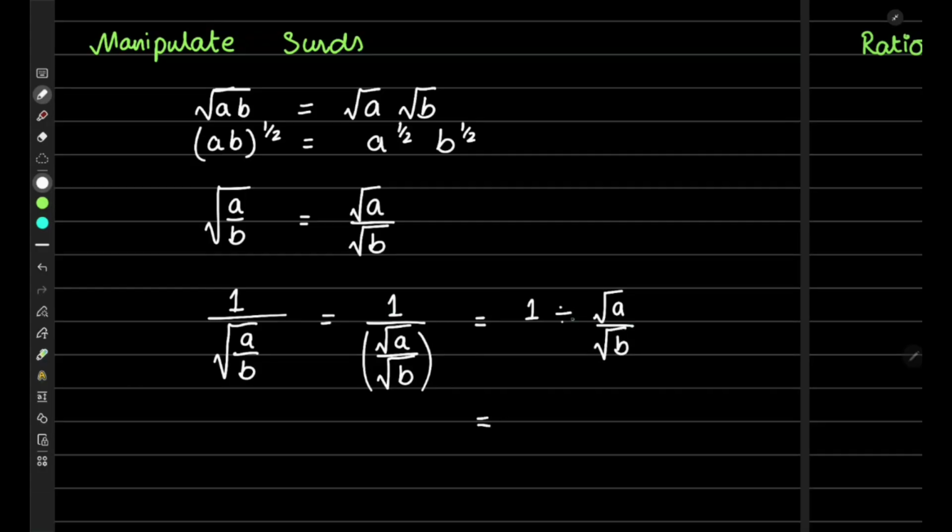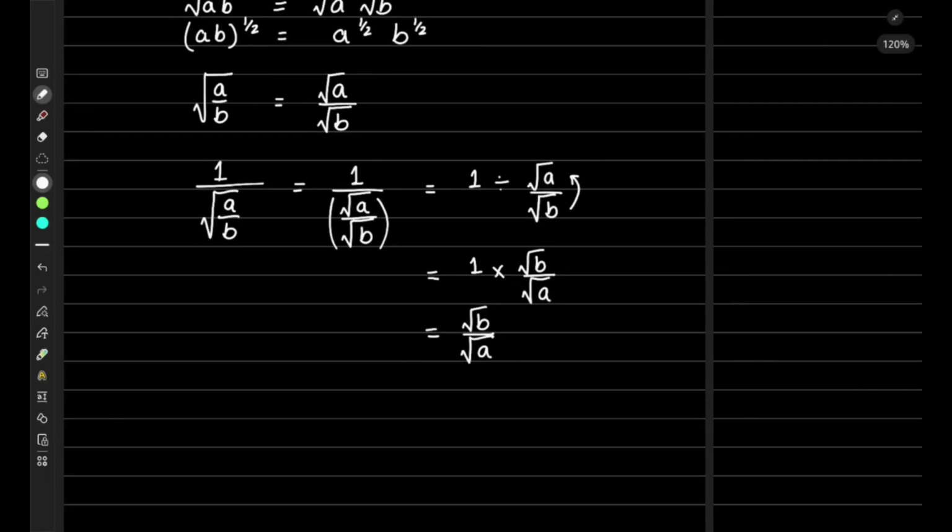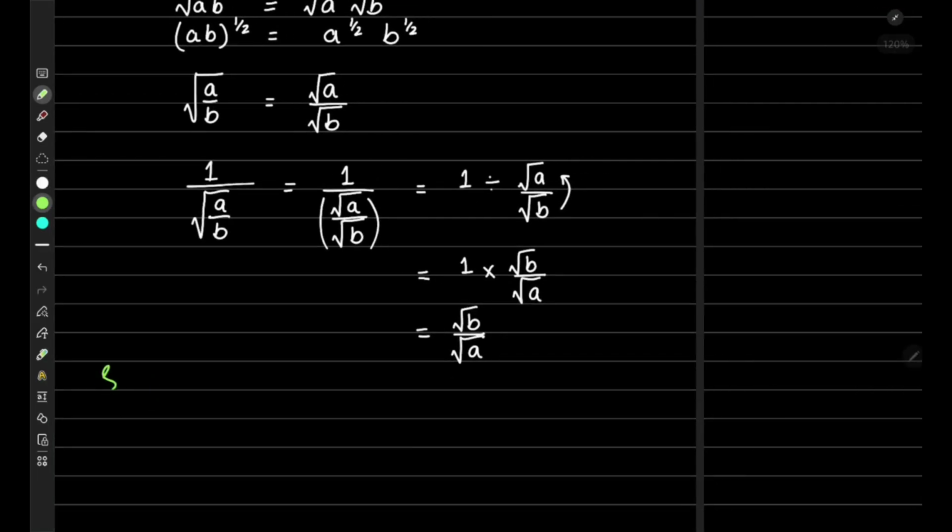Whenever you change the division to multiplication, we take the reciprocal of the second fraction, so it will be square root b over square root a. That will give you root b over root a. So this is how you will manipulate your surd when solving your questions. One more way of simplifying a surd: how can you simplify any surd?